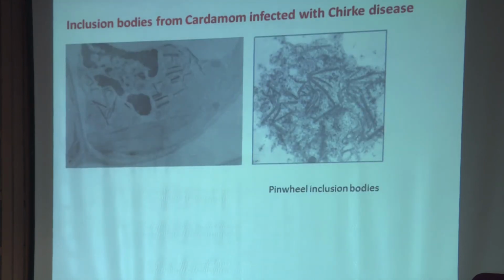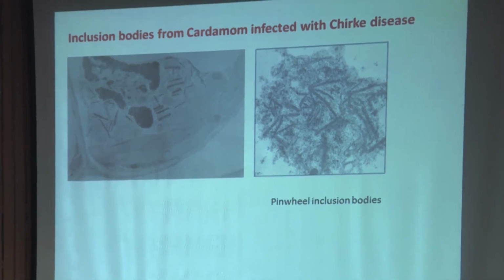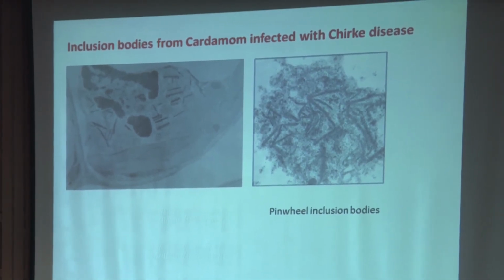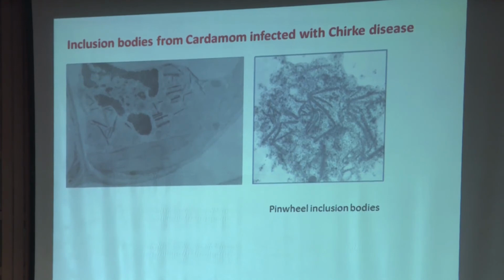And some of our work here, we have this Chirke disease. Dr. Vikas Mandal was working earlier on this disease. So we have found this half crystalline pinwheel-like structure on the Chirke infected cardamom plant. It is finally identified as a Macluravirus.